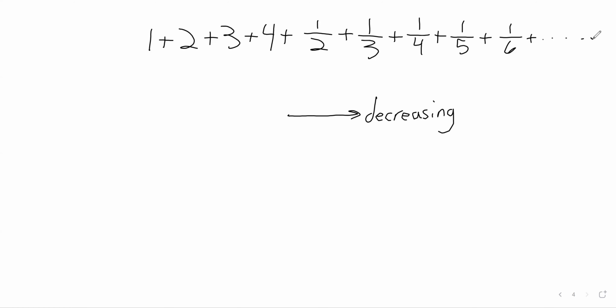But according to this theorem, we can just ignore the first few terms and start with the 1/2. And we can now hit this with our test, and we can see that it diverges, so we can see that the original series diverges.